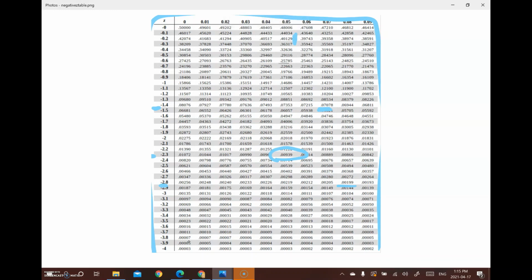We have some 0.25 values here. So I'm going to look for the one that's closest. So the one that is closest would be this value right here, which is happening at a z-score of negative 0.67.